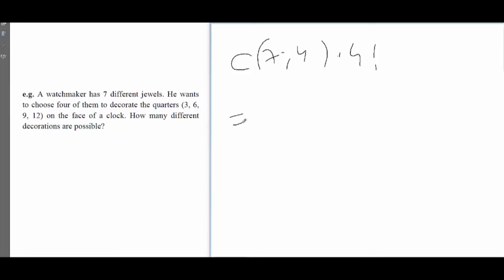It is equal to 7 factorial over 3 factorial times 4 factorial, and 4 factorial cancels, and if we calculate them we get 840 different decorations. So we have 840 different decorations for this case, in which we have 7 jewels and want to decorate the quarters.